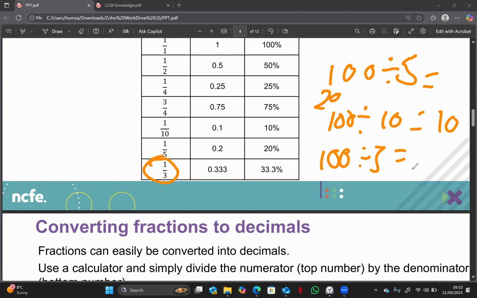So what I'm trying to explain is that 1/3 essentially equals 33.3%, like it says here. If you multiply this by 3, what do you get? 99.9%, right?